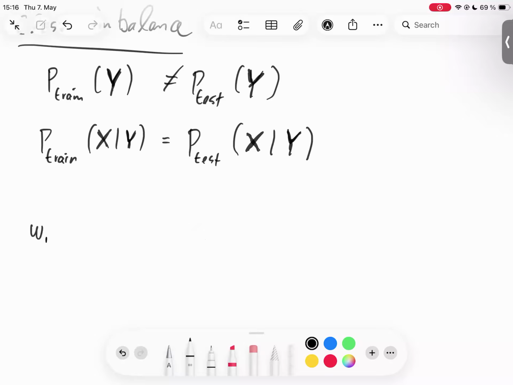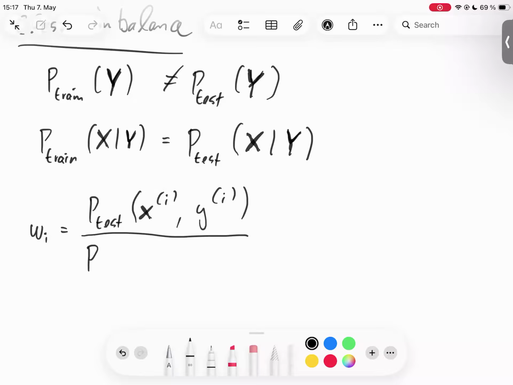Before, we said we calculate our weight i by looking at the probability of our data, or a concrete example, xi, and its corresponding label. We set the probability of it appearing in the test distribution divided by the probability of it appearing in the training distribution. We would calculate our weight, but we said calculating this is not very practical.